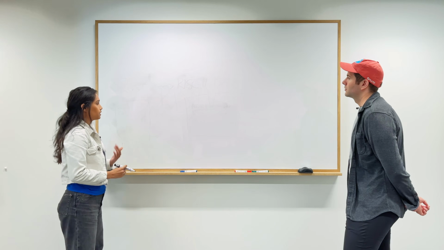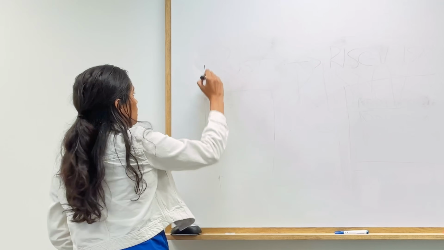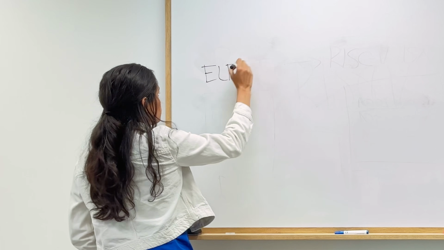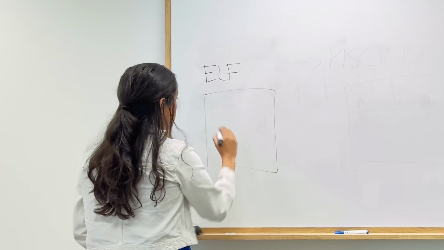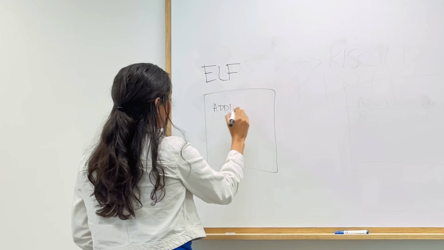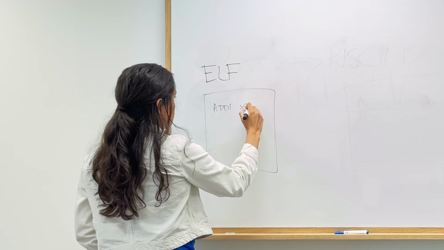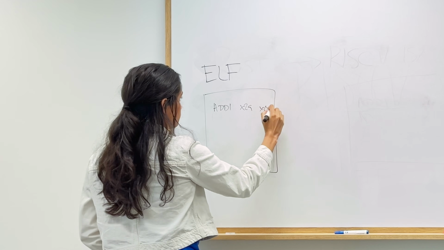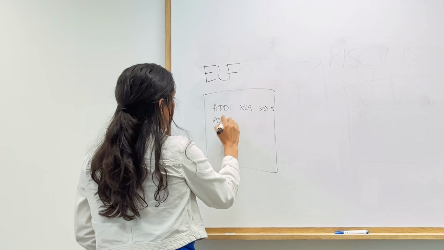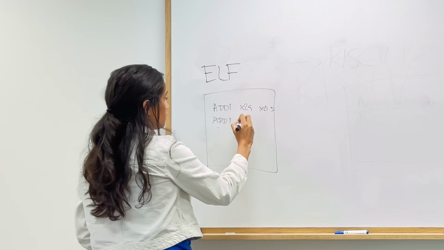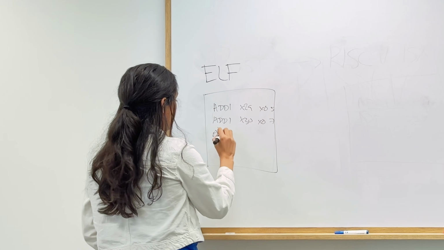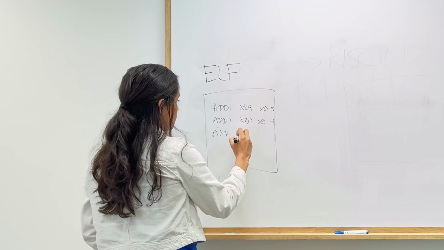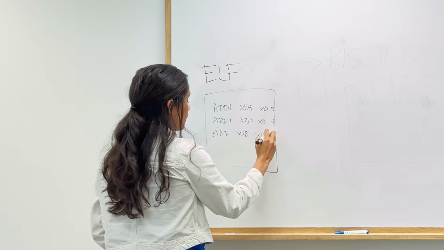Okay, so maybe we can dive into how that works. So we have an ELF that has the instructions. So let's go back to that world. The first thing we do when we have this ELF and this program is we execute it.